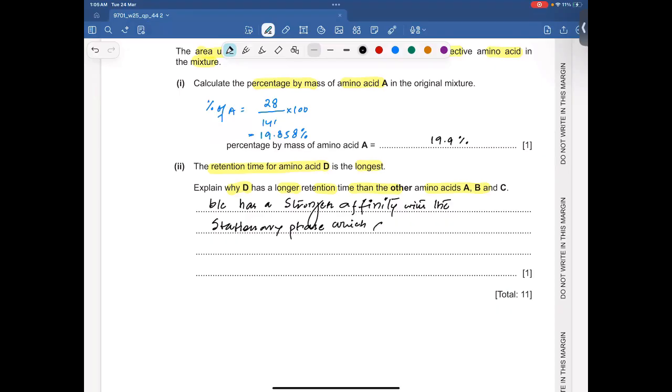Which means compound D forms stronger interactions, interaction means intermolecular forces, with the stationary phase.